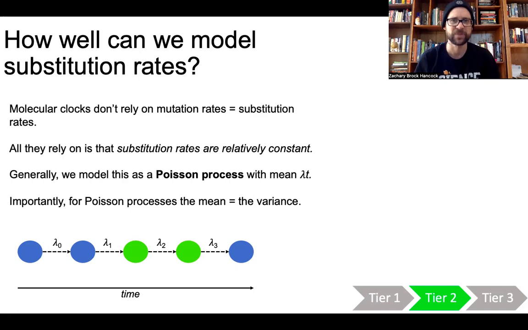Now, importantly, for the molecular clock model to hold, and for the Poisson process to be representative of a constant substitution rate, the mean equals the variance. So in a Poisson process, the mean, lambda times t, is exactly equal to the variance in that rate, which is lambda times t.